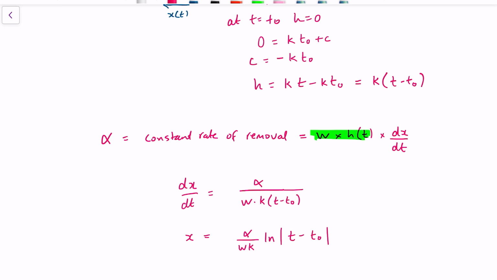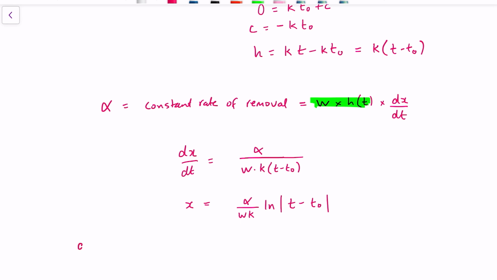So that's our x function, and now we can substitute in information to get the constants. So we know that at time equal to 0, which I'm calling midday, x is equal to 0 because the snowplow hadn't started moving at that point in time.